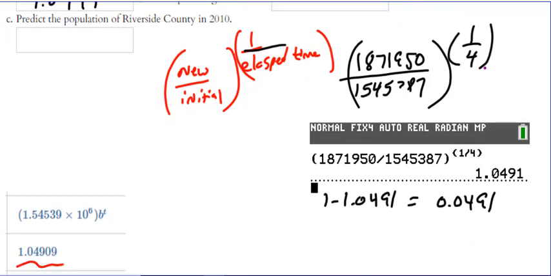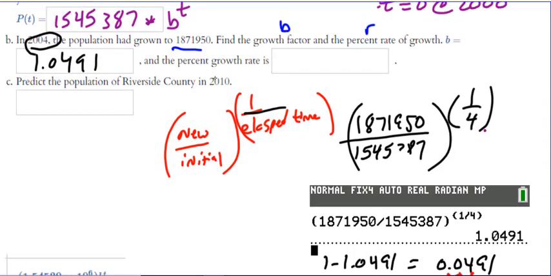Yeah, that's how they've got it, right? I wanted to show you that. And then if I move it 2 places, 4.91. Growth percent rate is 4.91.